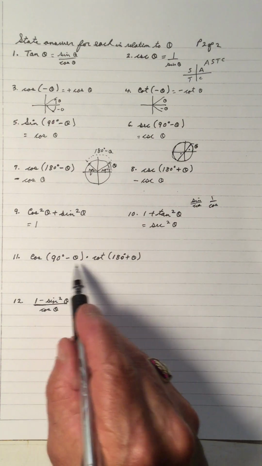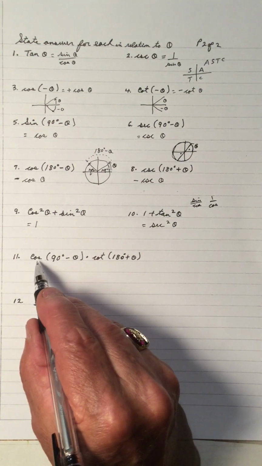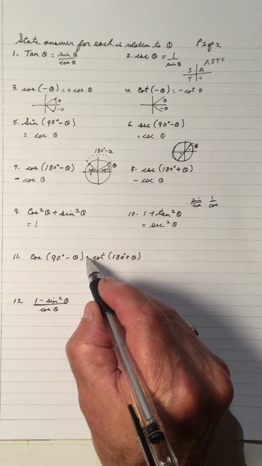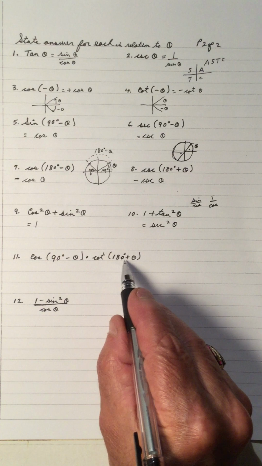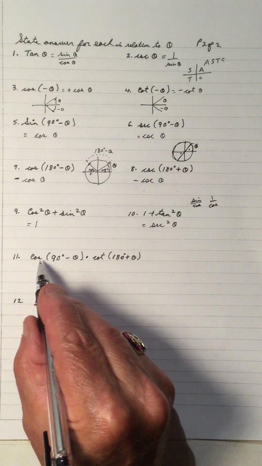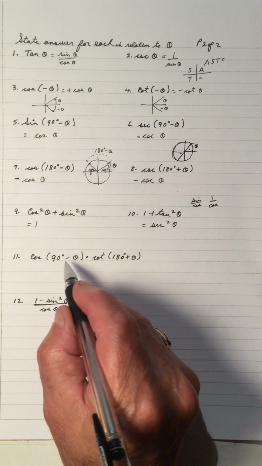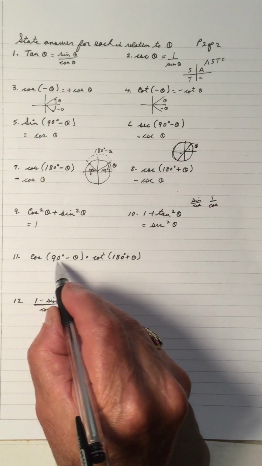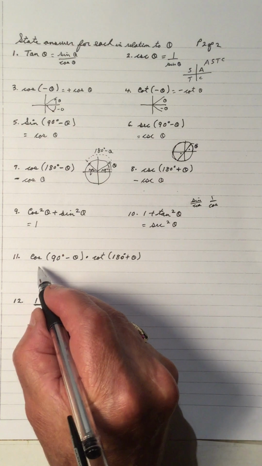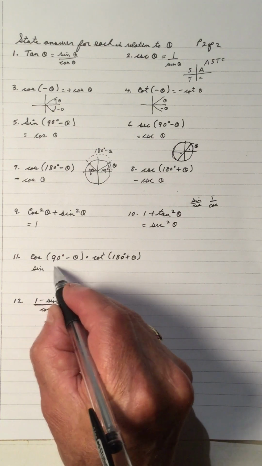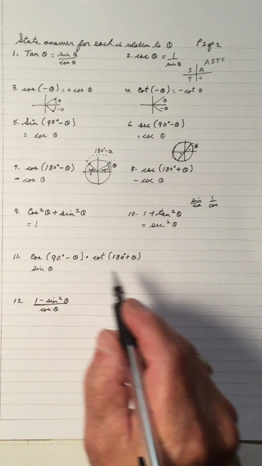And we have a little bit of extra work to do in number 11. We have the cos of 90 minus theta times the cot of 180 plus theta. Again, going through a 90, we have to do each of these first and then get the answer. Let's see. 90 minus theta, we have to change. So this is the same as the sine of theta.